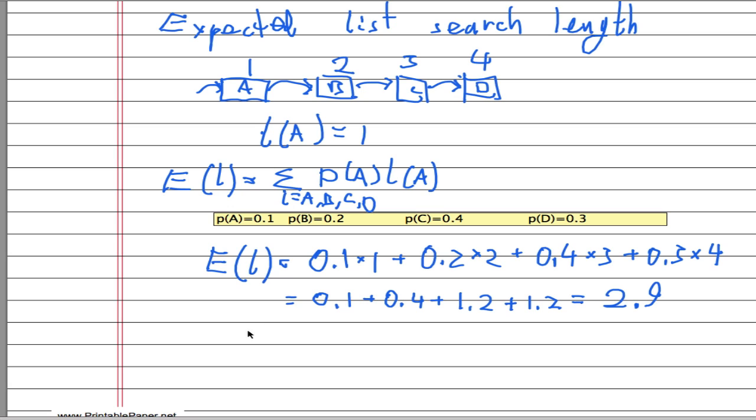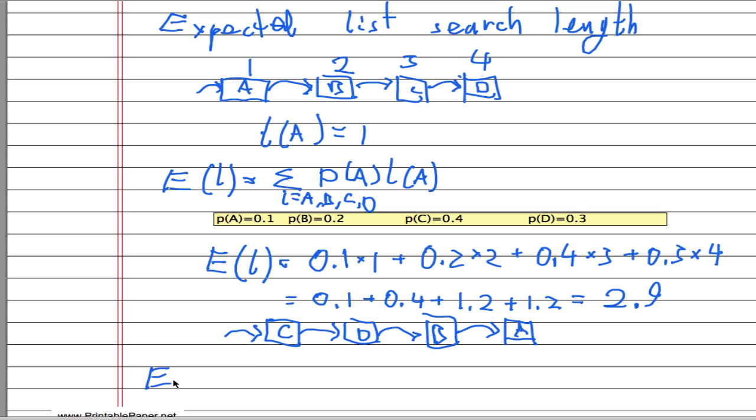So what we would like is basically to order the list in the following way: first C, then D, then B, and then A. That's the best fixed ordering of the list, so that the expected length would be minimal.